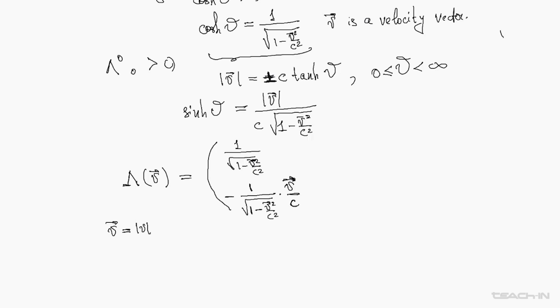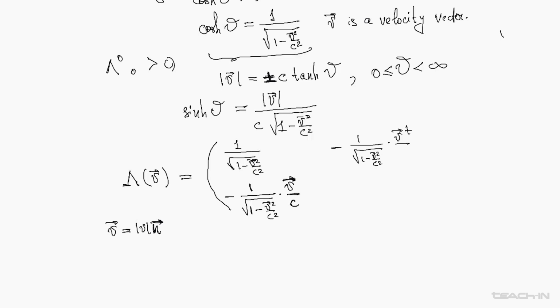So this vector quantity V appears because we have a three-dimensional unit vector, but now we multiply it by the modulus of V, and this gives us the vector V itself. Now, here we will have minus 1 divided by square root of 1 minus V squared divided by C squared, V transpose divided by C. So this is a three-dimensional row.